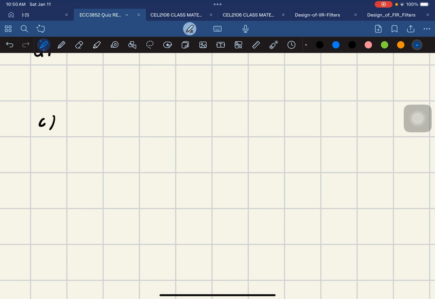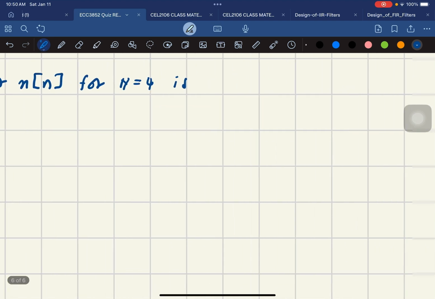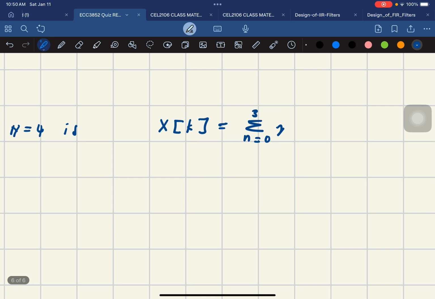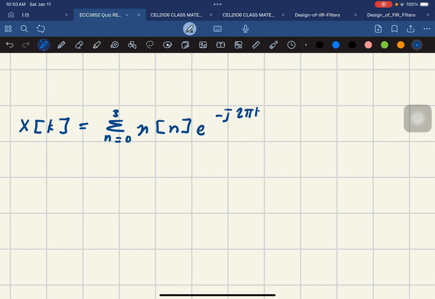The DFT of s[n] for N equal to 4, n from 0 to 3, so X[k] is equal to the sum from n equal to 0 to 3 of s[n] e^(negative j 2 pi k n over 4).